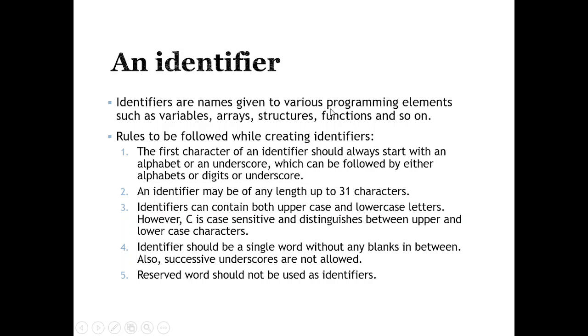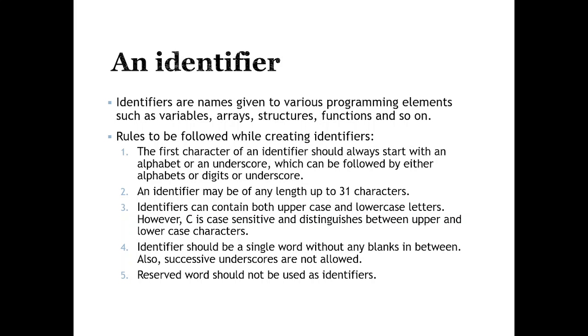You know very well, whenever a name has to be given to a newborn child, there are some rules. Some people go to the Pandit and ask what the name should be, and the Pandit will say that the name must start from this letter and it must have so many characters. Similarly, when we say identifiers, there are some rules that need to be followed, some do's and don'ts.